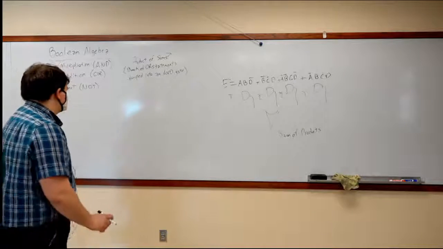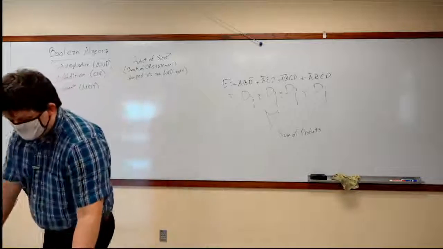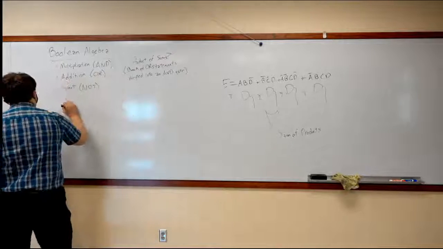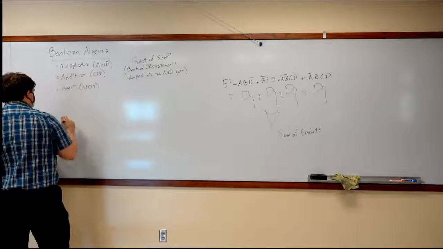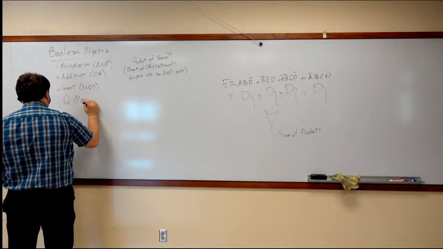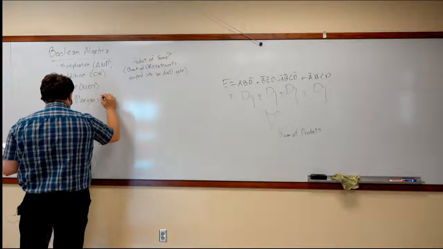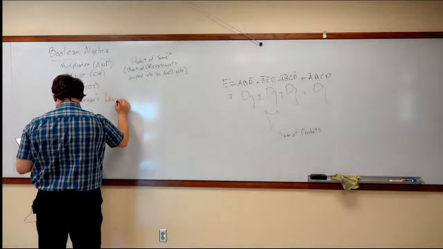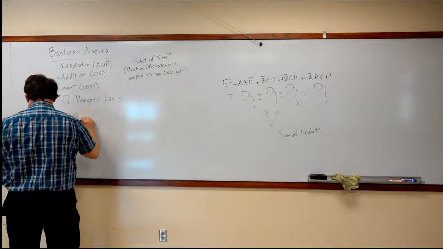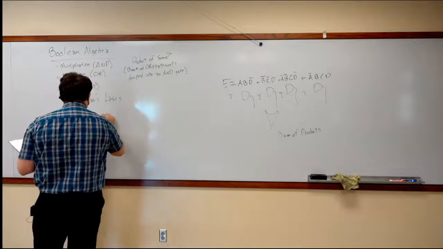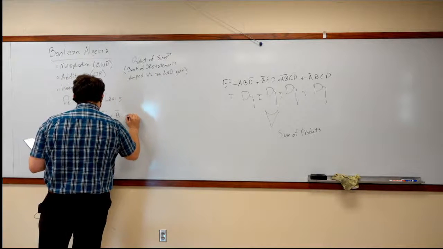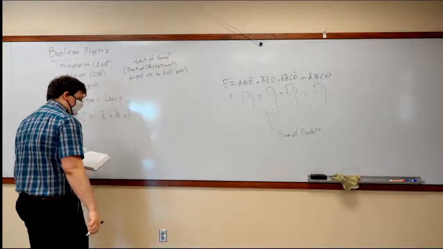Okay, De Morgan's laws are twofold. There are two of them. They are given by NOT(A AND B AND C) is equal to (NOT A) OR (NOT B) OR (NOT C).